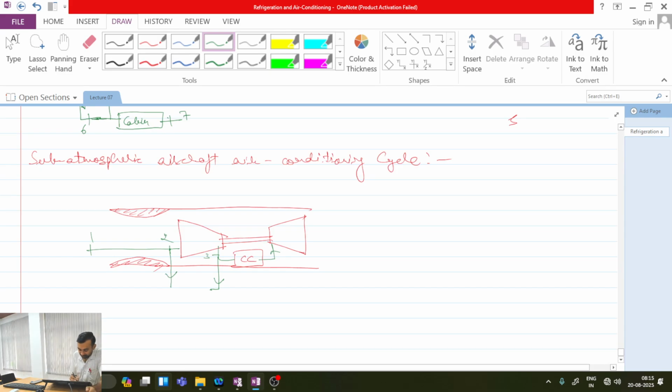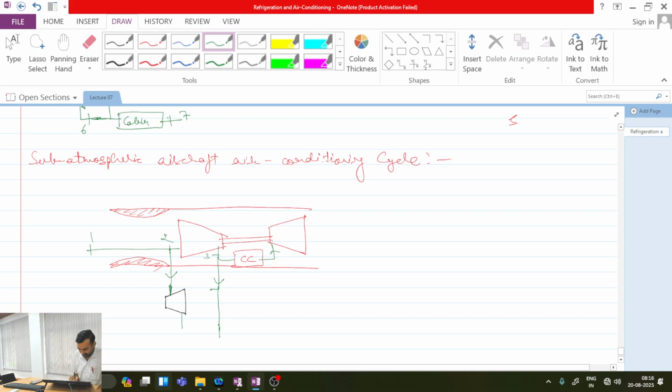So what I will do, instead of directly passing the ram air over the heat exchanger, I will first pass it over a turbine. Okay, so I am passing ram air over a turbine. If I pass ram air over a turbine, what will happen? There will be a decrease in its pressure and temperature. Whatever air was coming from 3, this high pressure air was coming at temperature T3.